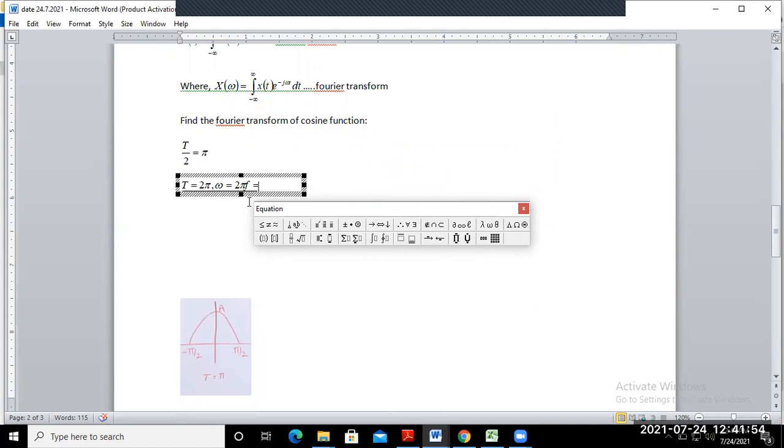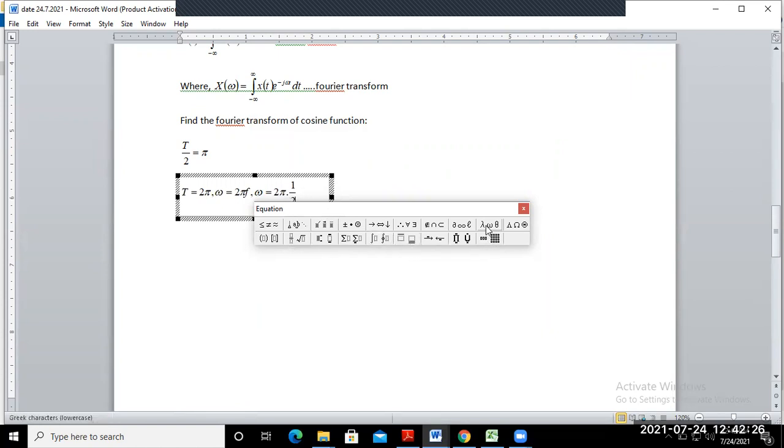So you may be able to write here, that means omega equal to 2 pi into 1 by T, that means 1 by 2 pi into 2 pi.